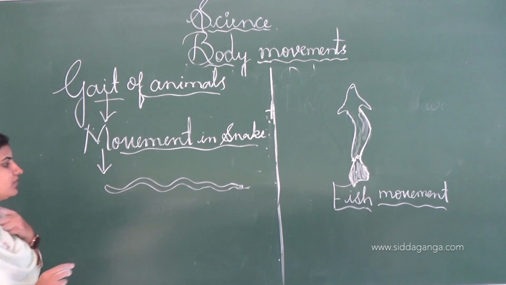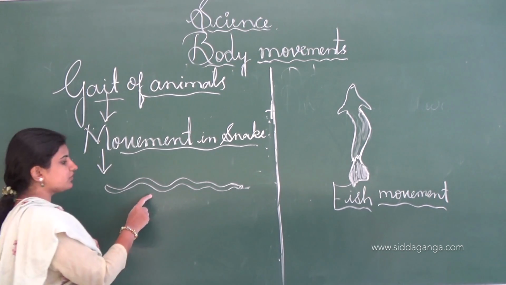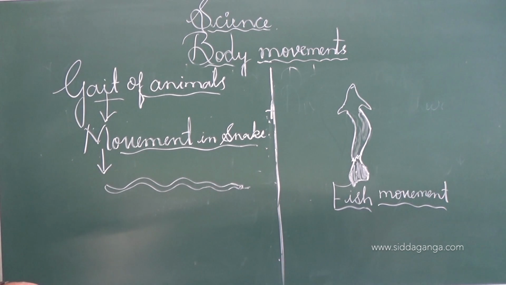For example, many loops will be present, which help it to move forward.